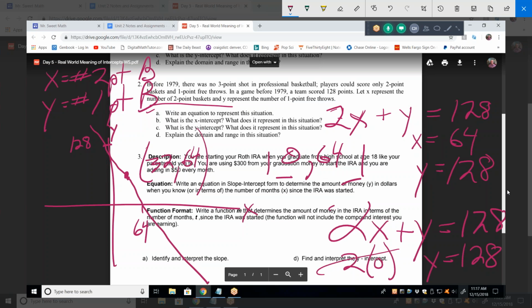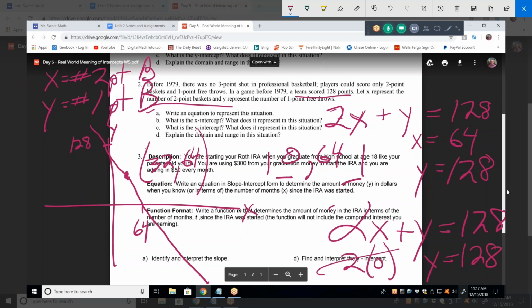Yeah, it would be. And again, I really hate them asking range on this problem because we know the range, right? Not really 0 to 128. I'm not sure that's the right answer. The right answer is 128. In other words, they gave us what the range was.